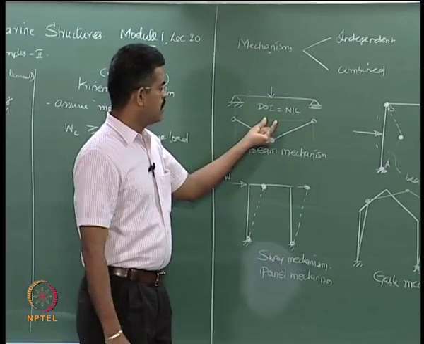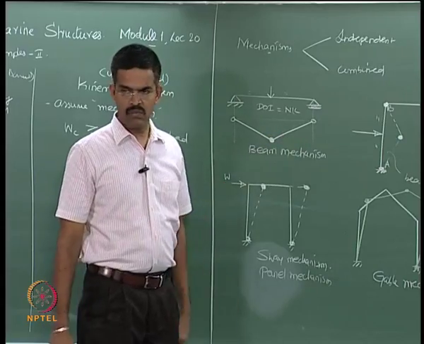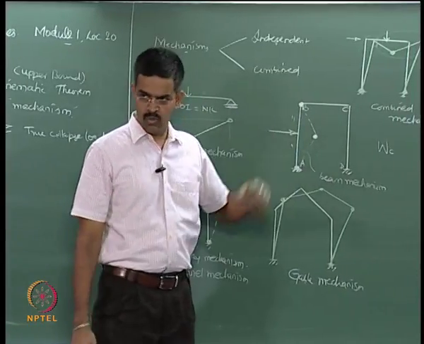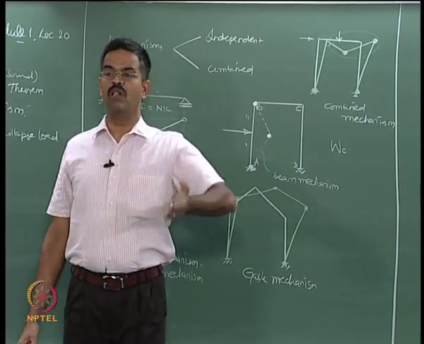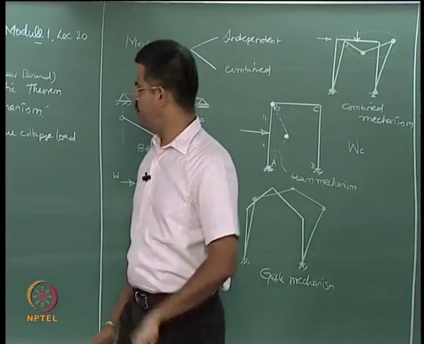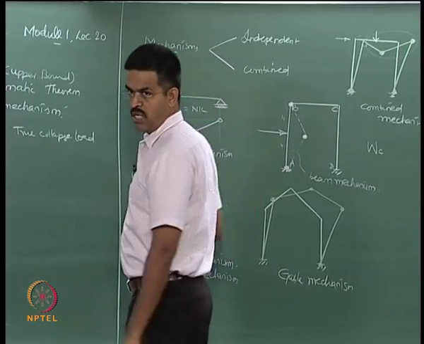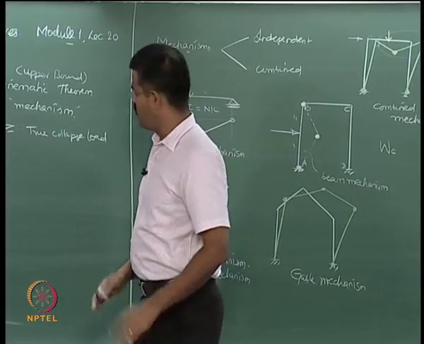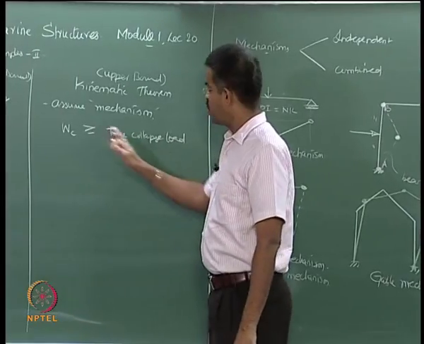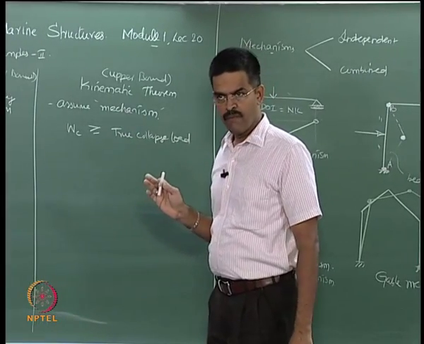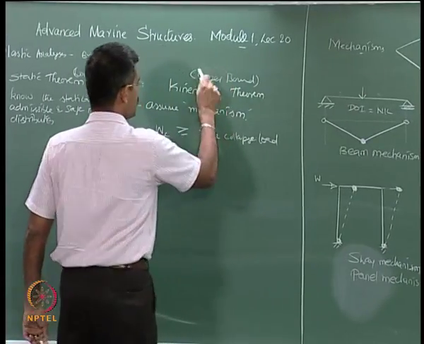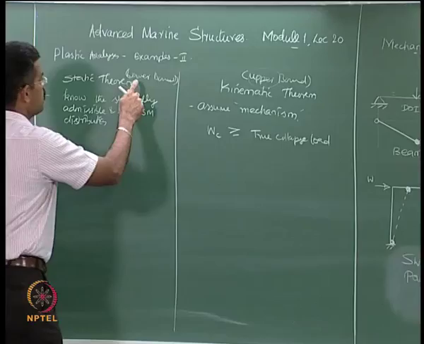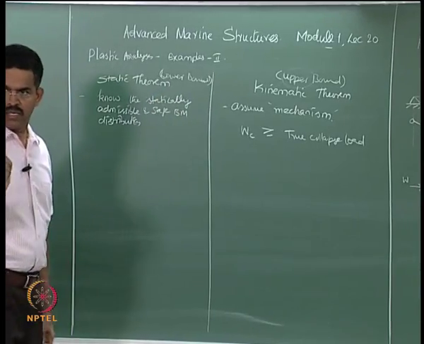For example, from a beam mechanism I get WC1, from a column mechanism I get WC2, from a combined mechanism I get WC3. I must compare all these and pick up the lowest value, because WC1, 2, 3 at best will be either equal to the collapse load or greater than the collapse load, is it not? Therefore, I pick up the lowest. So do not get confused that upper bound theorem means pick up the highest, lower bound theorem means pick up the lowest. It is not like that.